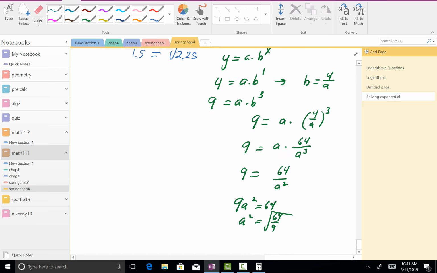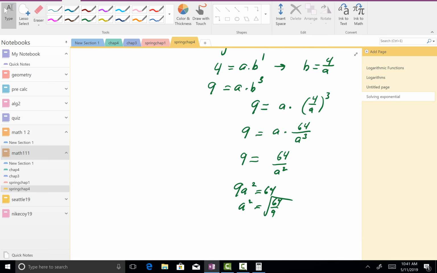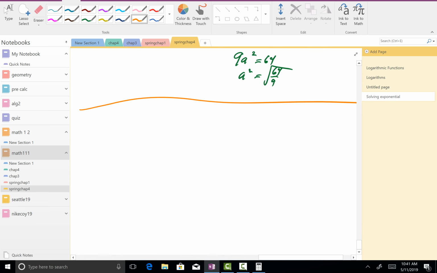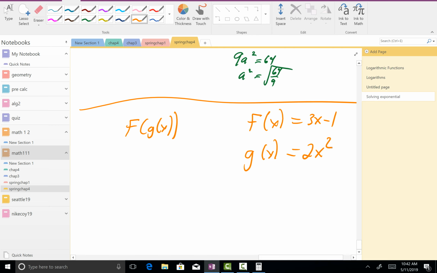Okay, those are the only things that I saw on there that I was too concerned about. There were a couple folks who got confused about this. I'm just going to make some up. So if you're going to do f of g of x, you work inside out. So the g function here is going to go into the f.